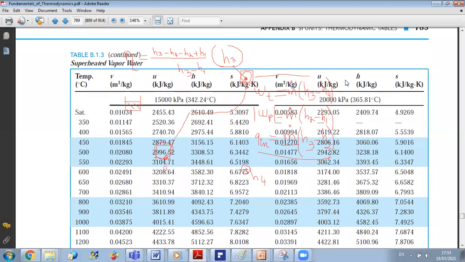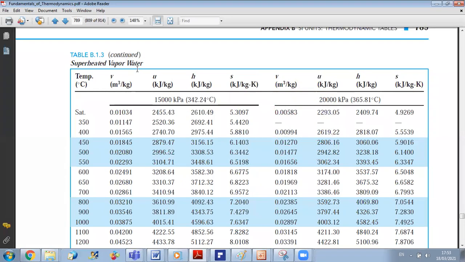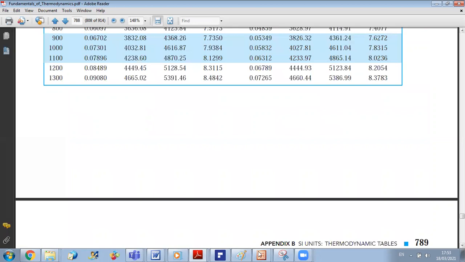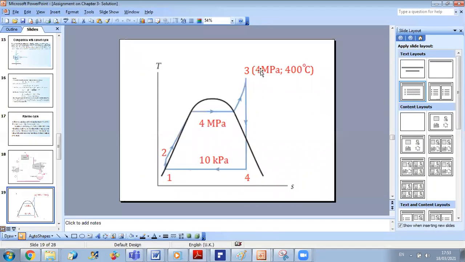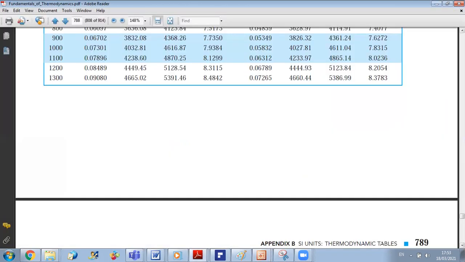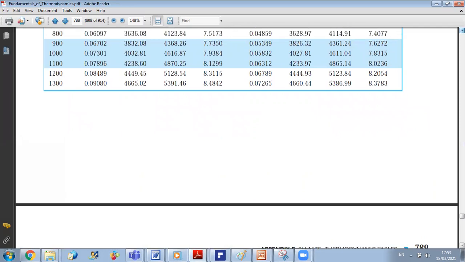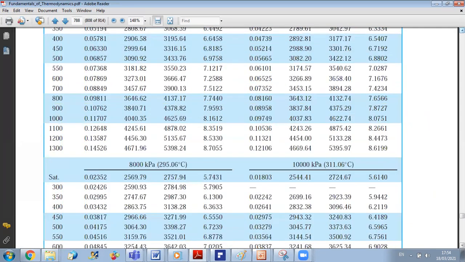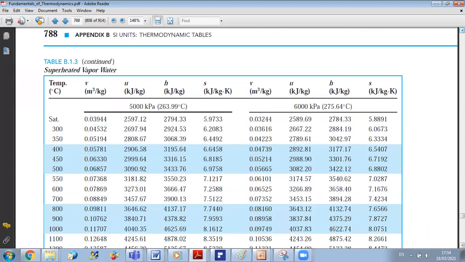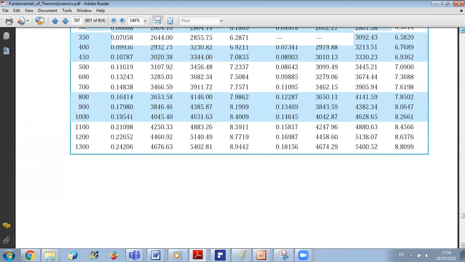This is the superheated vapor water table. So as we said, it is 4 megapascal and 400 degrees. So 4 megapascal is 4,000 kilopascal. Here in this table, I have 8,000, 5,000, so it's just above.